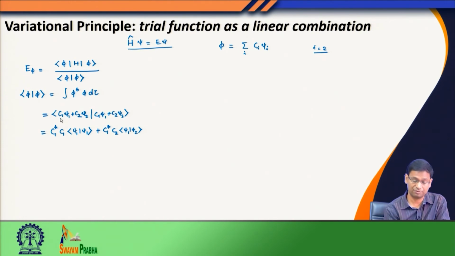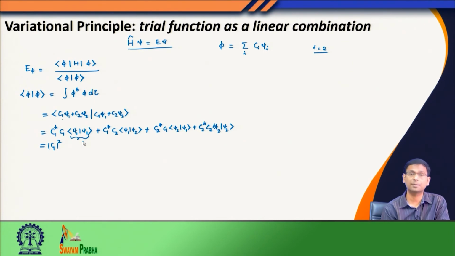So, this is the first term: in the bra side I am taking overlap with both the terms in the ket, plus C 2 star C 1 psi 2 psi 1 plus C 2 star C 2 psi 2 psi 2.